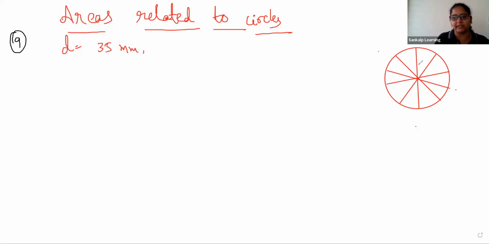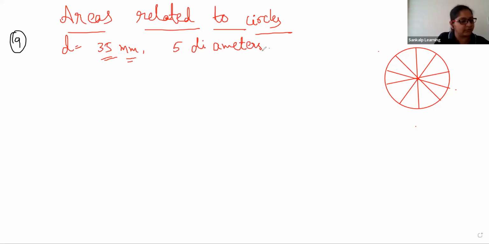There are 5 diameters. The brooch, children, is an ornament made up of silver wire. So the 5 diameters as well as the circle are made up of silver. They have given the diameter of the silver wire, that is 35 millimeter, and 5 diameters are there.